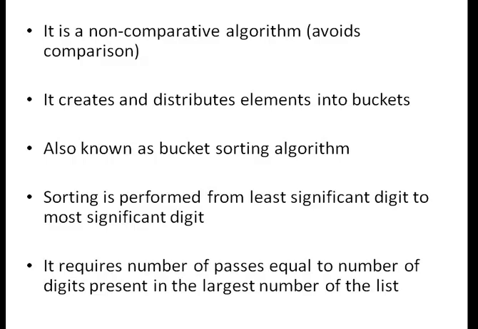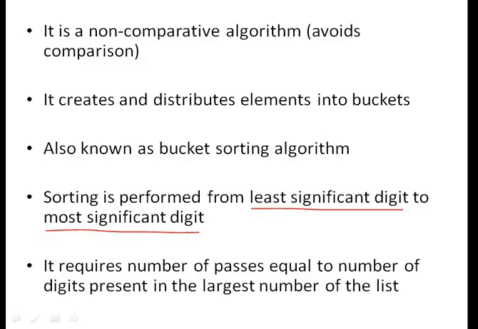Here the sorting is performed from the least significant digit to the most significant digit. When you are taking numbers, it starts sorting from the least significant digit. For example, the first number is 12, so it checks the least significant digit, 2. The second number is 15, so it takes 5 from the second number.